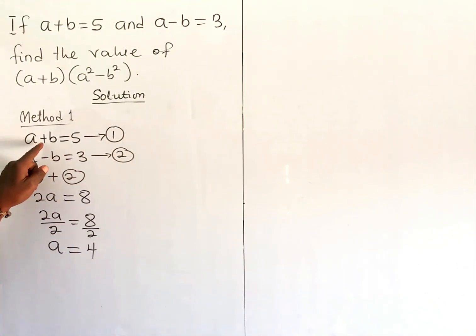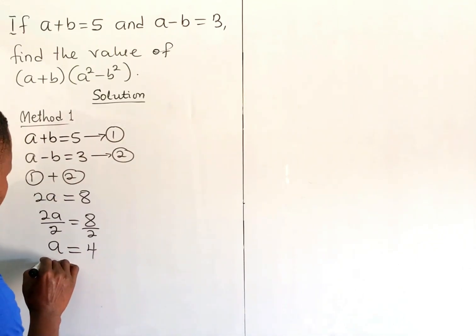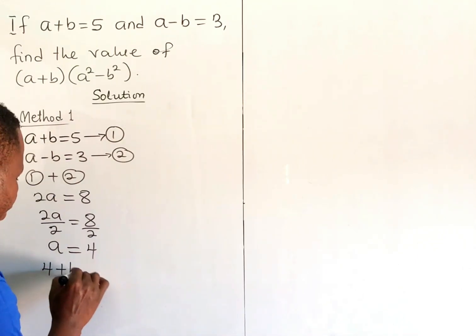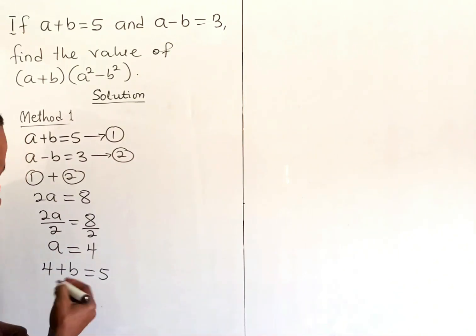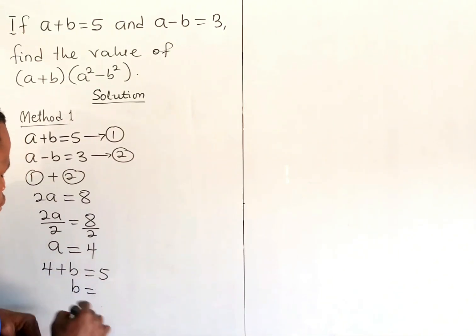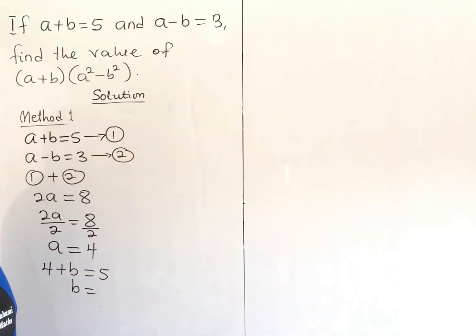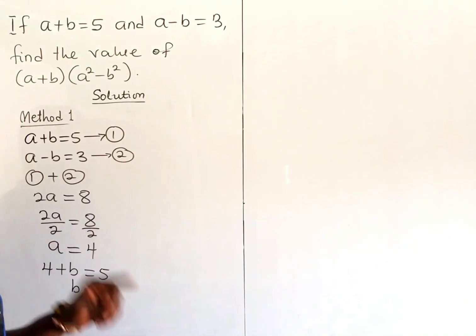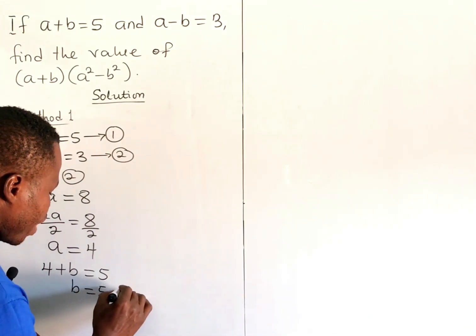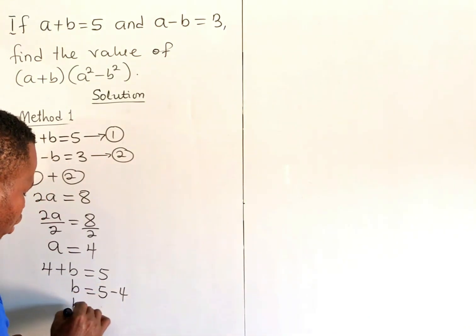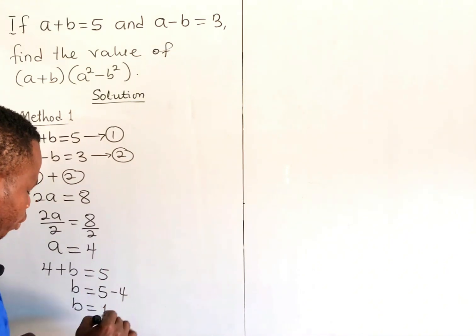Here we have A plus B, so it will now be 4 plus B, which is equal to 5. To continue, B is equal to 5 minus 4, since 4 becomes negative when we send it across the equal sign. Finally, B will be equal to 1.